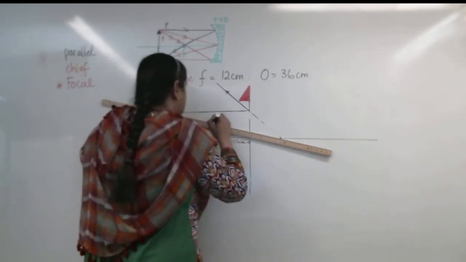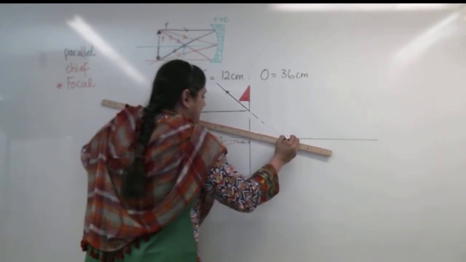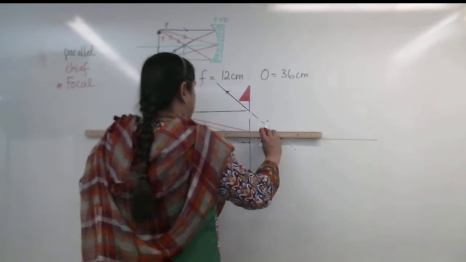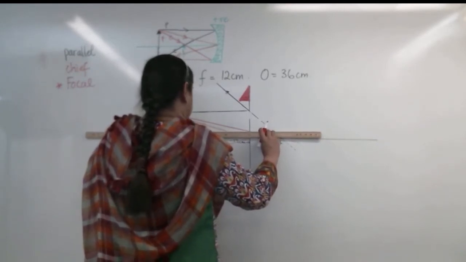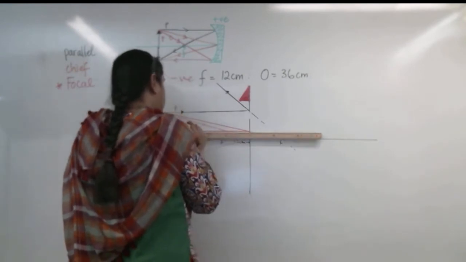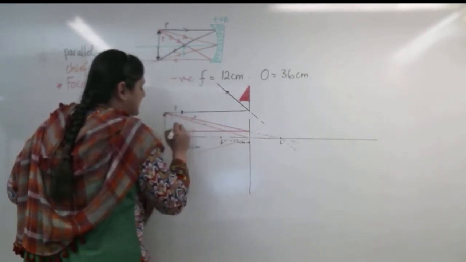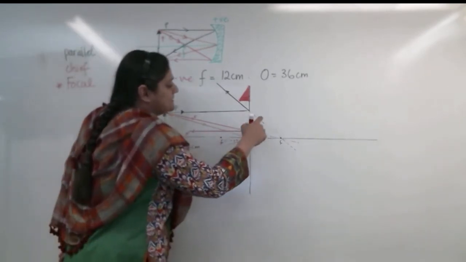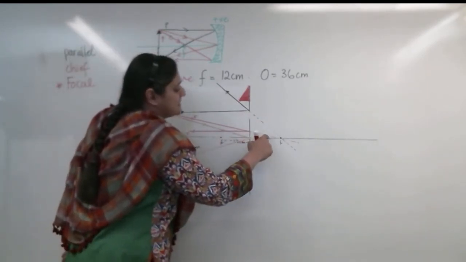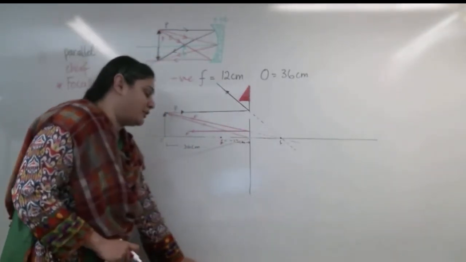It's going to start here, hit here, go through the focal, and then it's going to be reflected back parallel. So my focal ray is going to go here and here. Do you see these dotted lines? The reason why these are dotted lines is because these are virtual. These rays don't actually exist, but they help us.